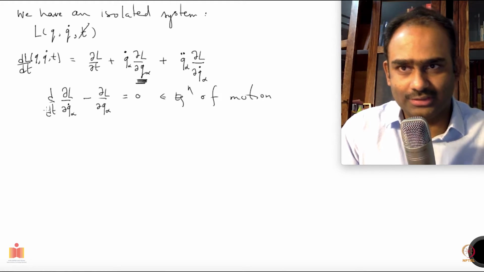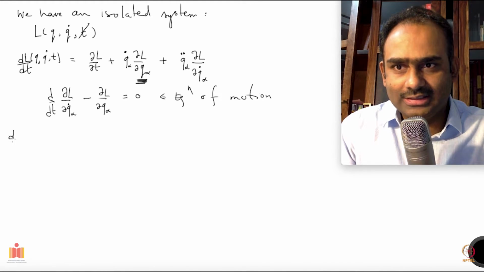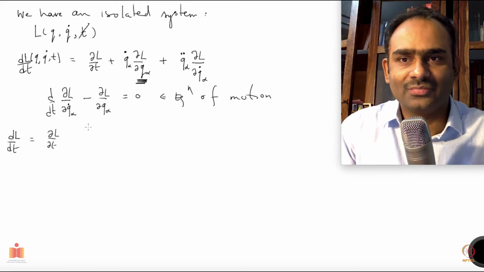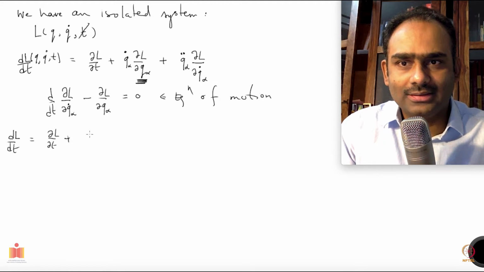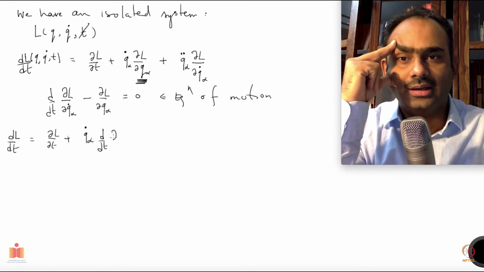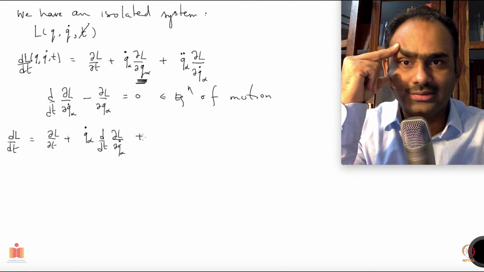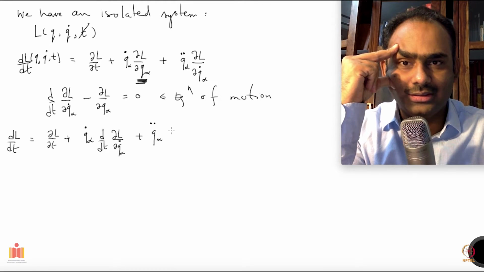So it says dL over dt equals del L over del t, plus Q alpha dot times d over dt of del L over del Q alpha dot, plus Q alpha double dot times del L over del Q alpha dot.